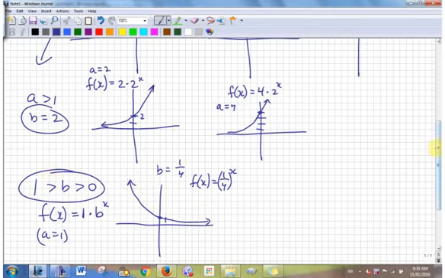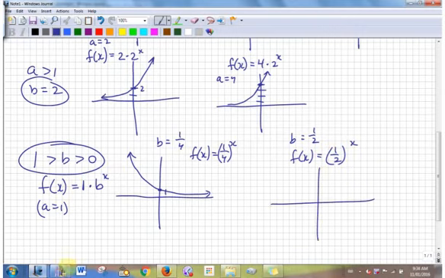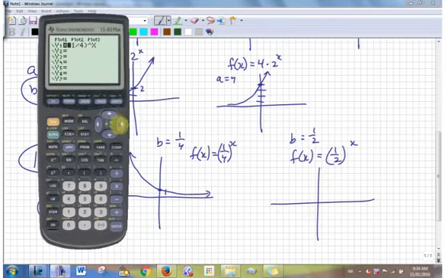All right. What if b is a bit bigger? If b is 1/2, a is still 1, but now I want to do 1/2 or 0.5. I'll put it on the same graph so I can compare. Let's do 0.5, same as 1/2.